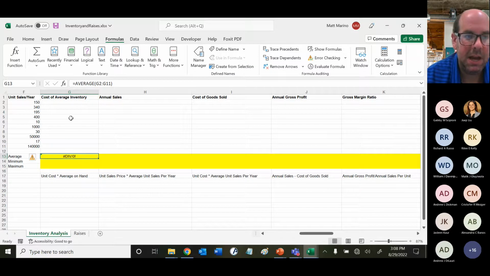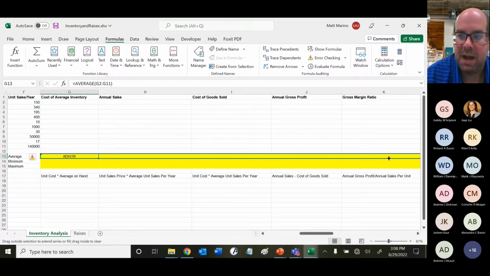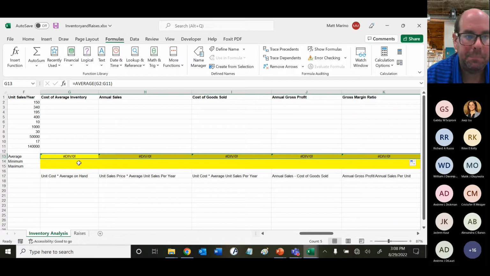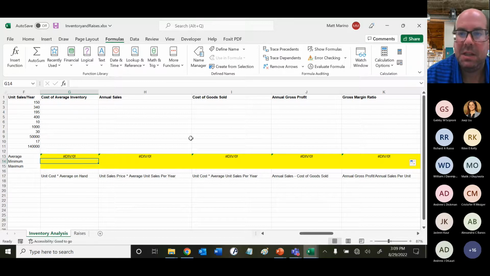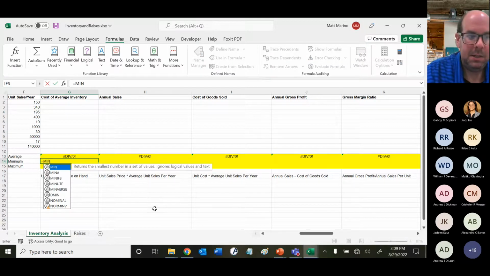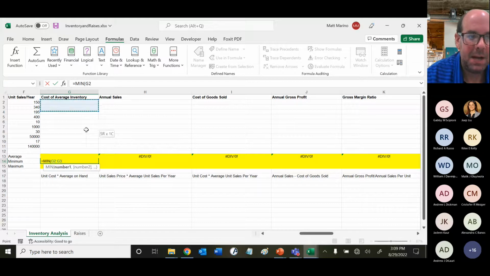That's simply because we have nothing in these cells yet. We fill our average formula through, and we get that same error again, because we have nothing in these cells. As we calculate them, these will change to actual numbers. Do the same for min and max below it.